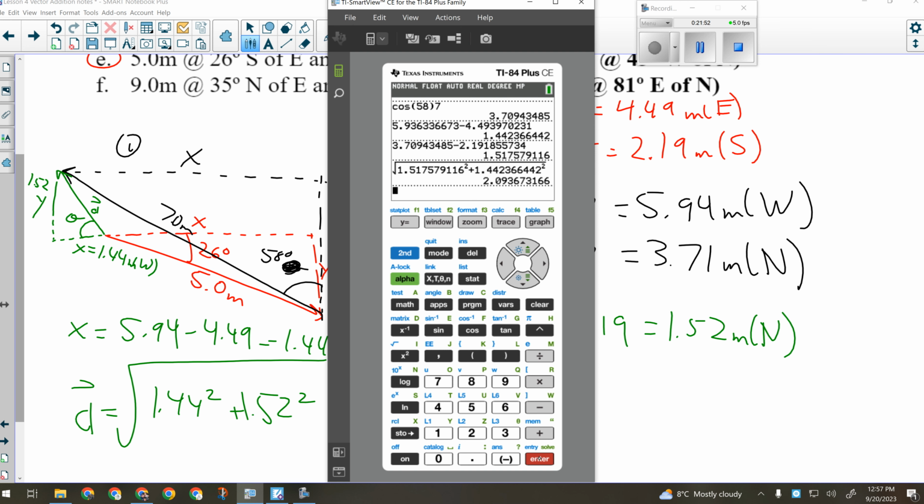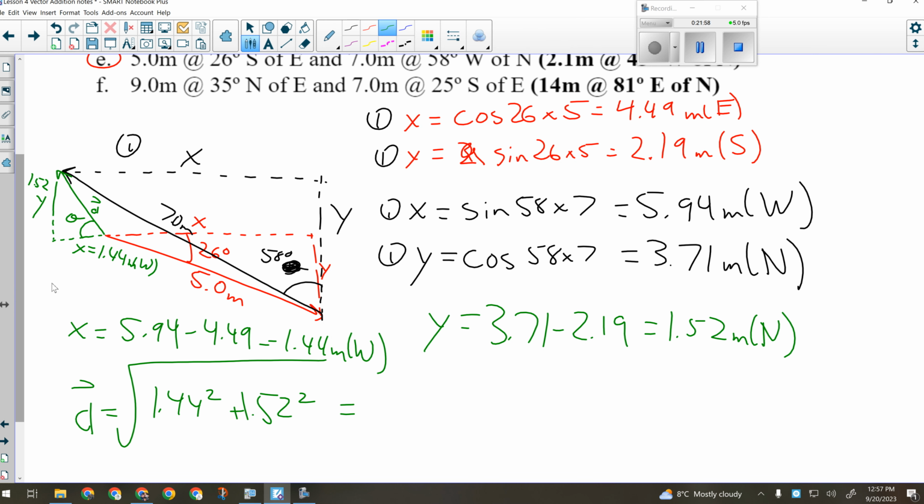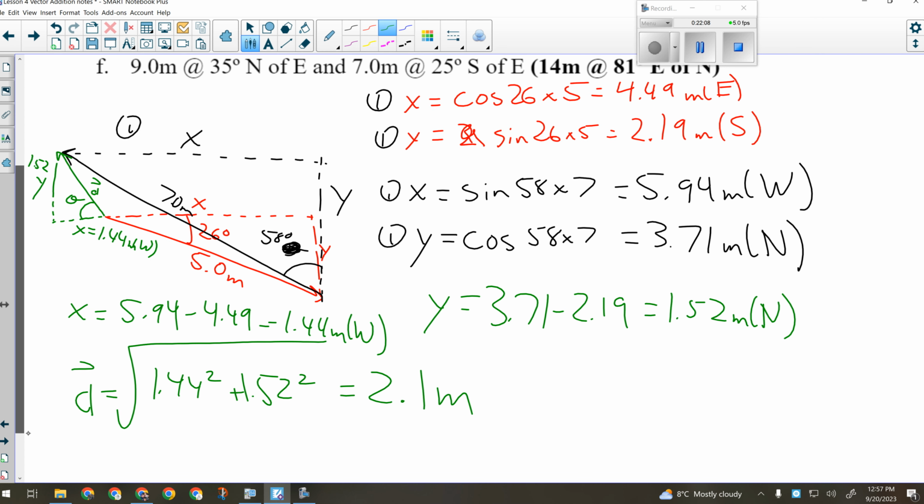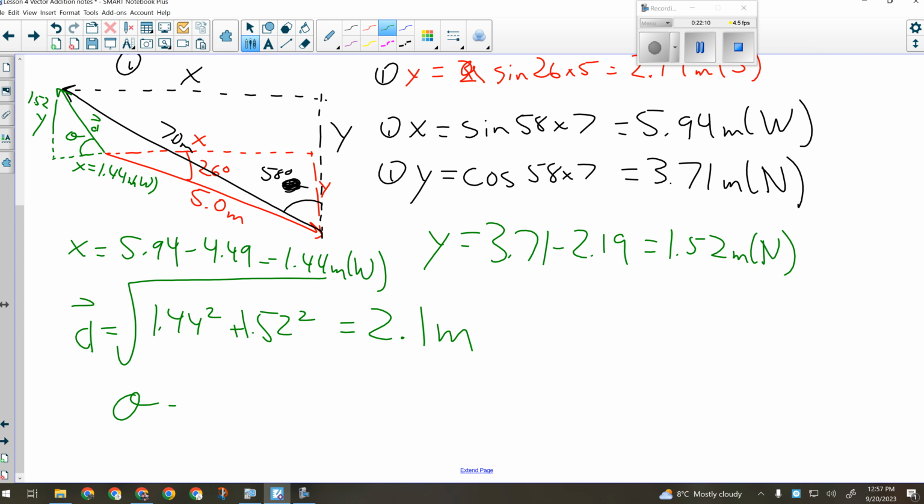So my resultant is 2.1 meters, because I think I only have two significant digits here. And then I've got to find theta. The way I drew this triangle, y is opposite and x is adjacent, so theta is going to be tan to the minus 1 of 1.52 over 1.44.